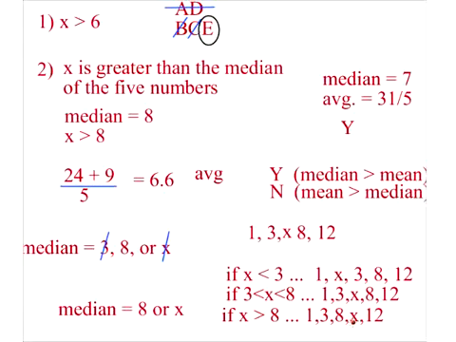But the idea is, there's 3 different possibilities for which of these 5 quantities could fall in the middle. It could be the 3, it could be the 8, it could be x. That's why we did that work ahead of time, before we even looked at the statements. And then we also did the work of, all right, the average equation is going to be 24 plus something over 5. Okay, let me know if you guys have any questions about this before we move on.